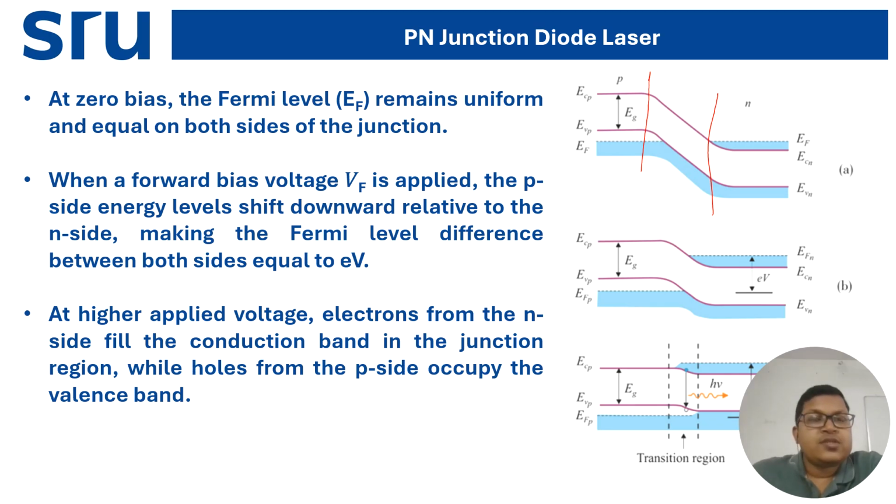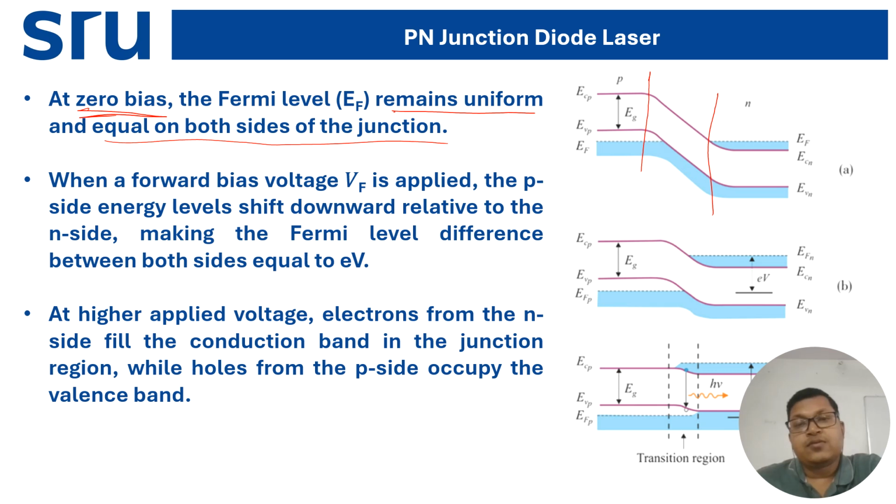So zero bias means no battery connected, there is no biasing happening. The Fermi level EF remains uniform and equal on both sides of the junction.